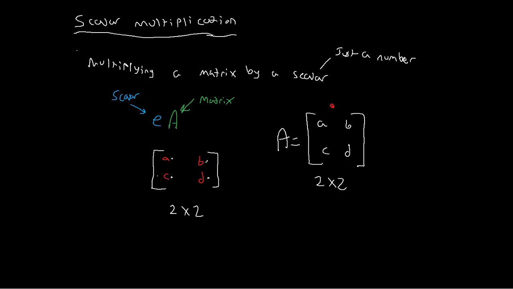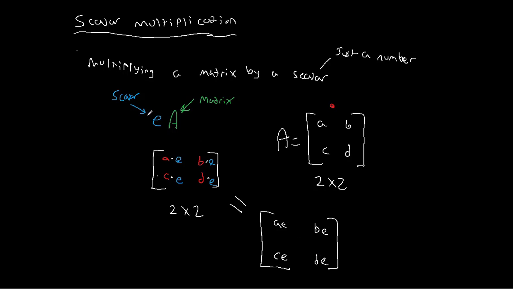And then we're going to bring our scalar, which is the same for each one: E, E, E, and E. If we simplify that down, we're going to get AE, I've removed the dot to show that we've done the multiplication, BE, CE, and DE.